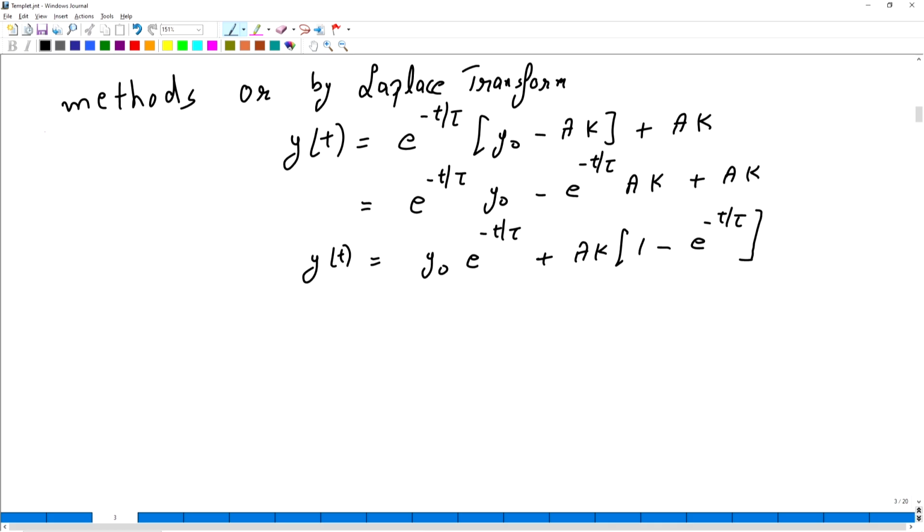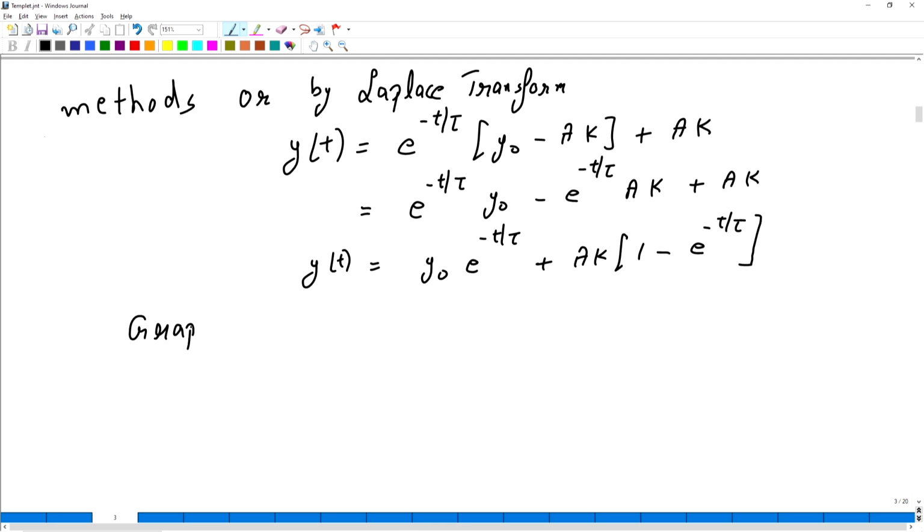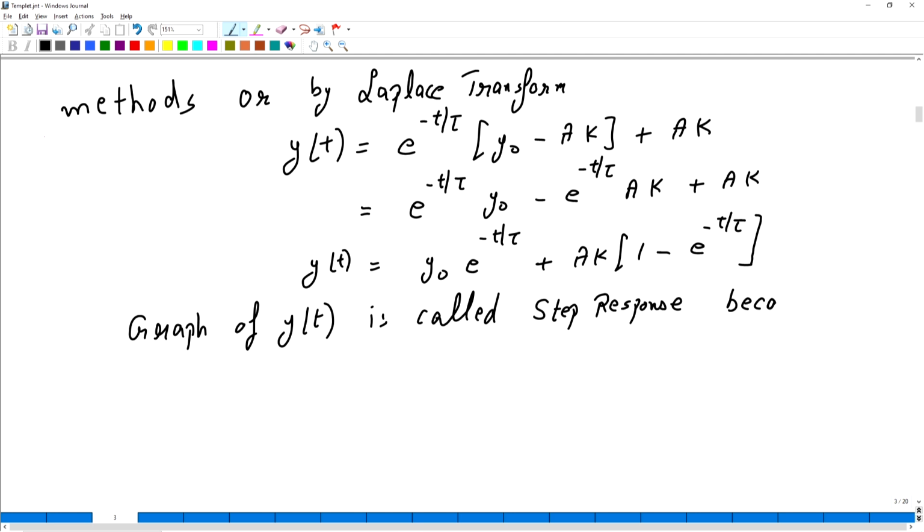This graph of y of t is called the step response, because the input resembles a step. And also we can note here that y naught is 0 for all cases.